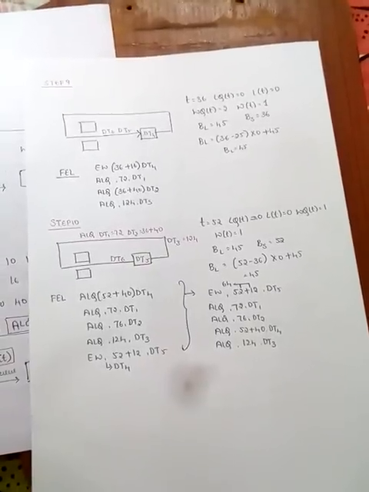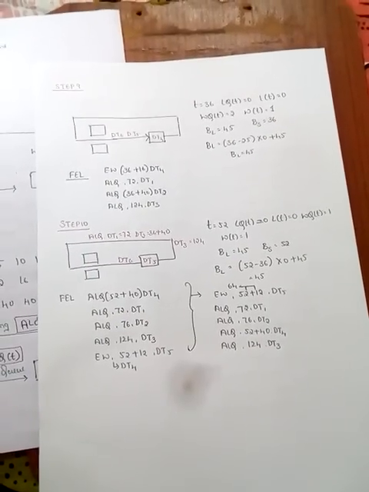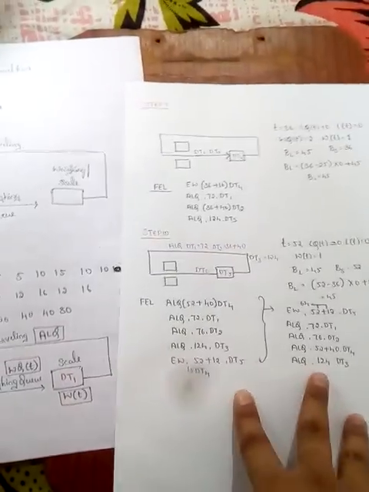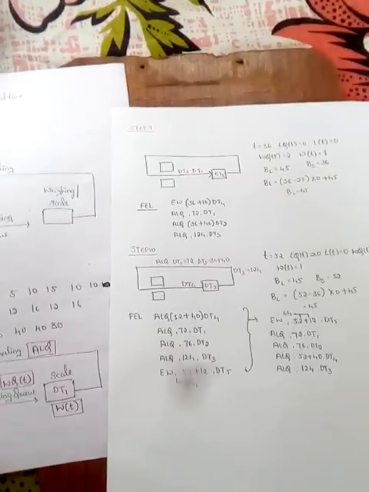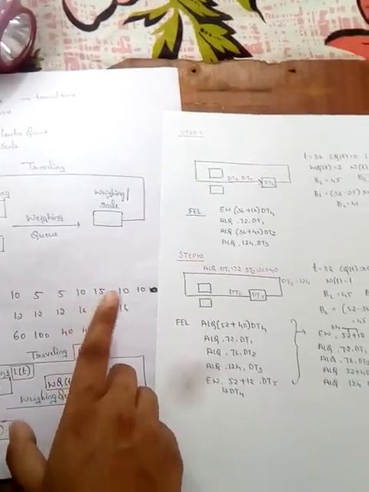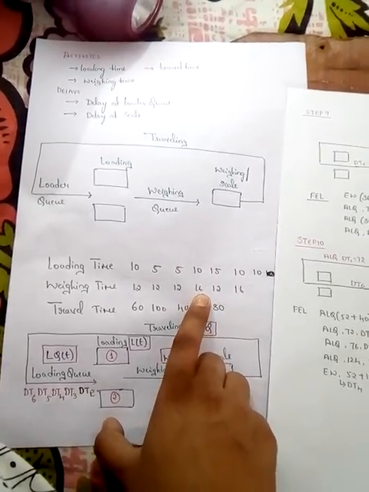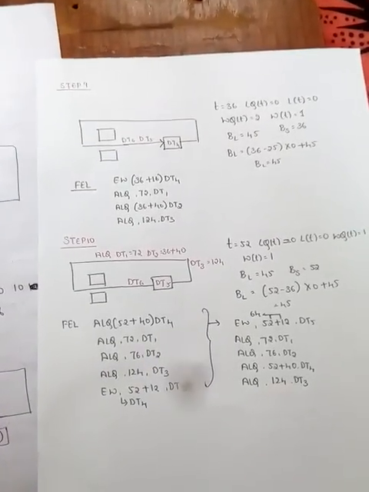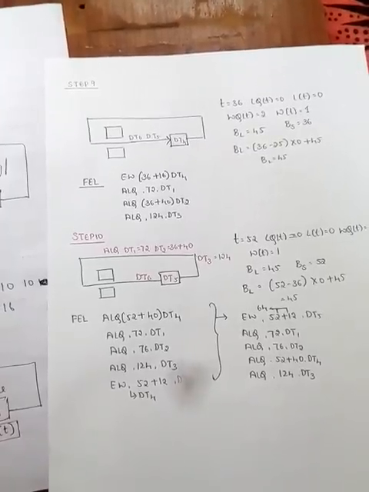Now we will write the future event list. Then EW of DT4. The previous value was 36, the value of your DT3. The next value is 16, the 16 that comes from the weighing time of the 4th truck. So that is 36 plus 16. Then ALQ comma 72 comma DT1.